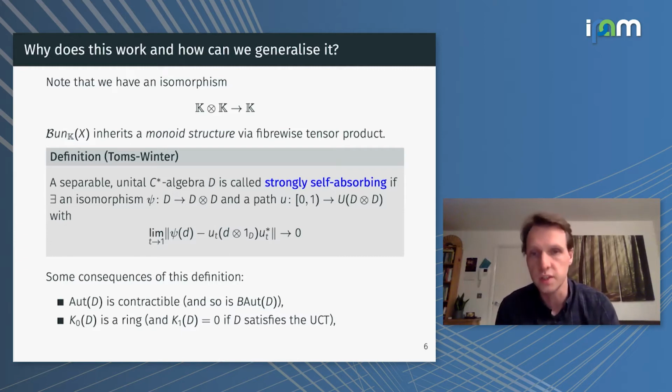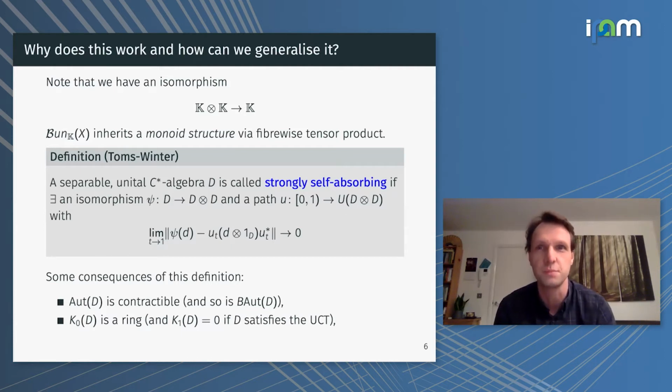And I chose asymptotically unitarily equivalent here. We have seen this with approximate unitary equivalence in previous talks. For strongly self-absorbing C-star algebras, this does not really matter. I think this is due to a result by, I think, Winter.